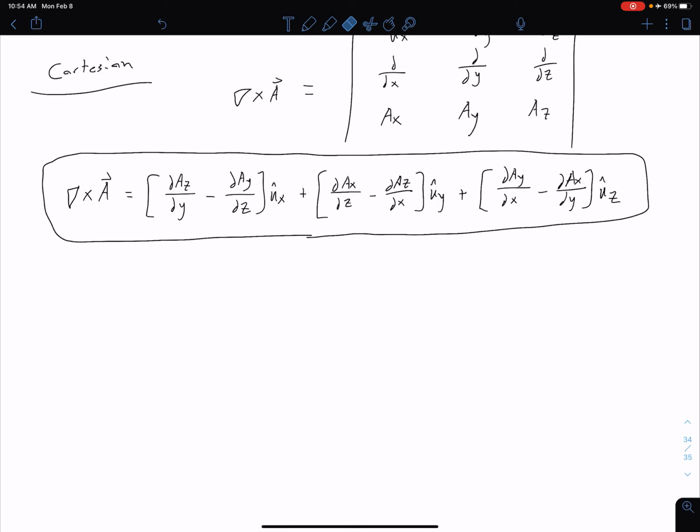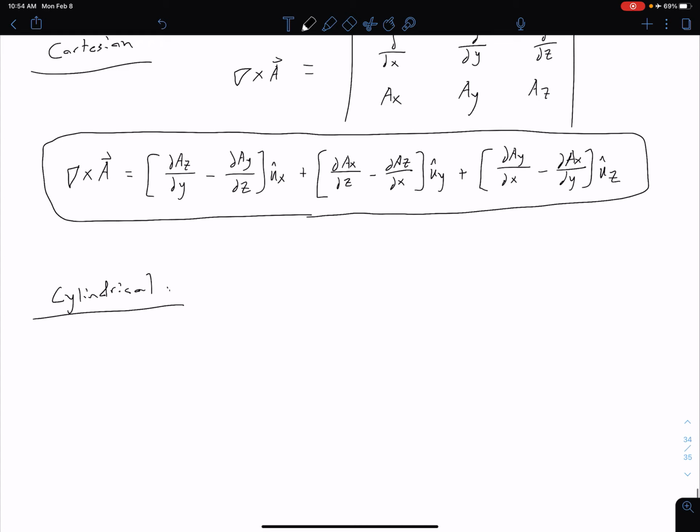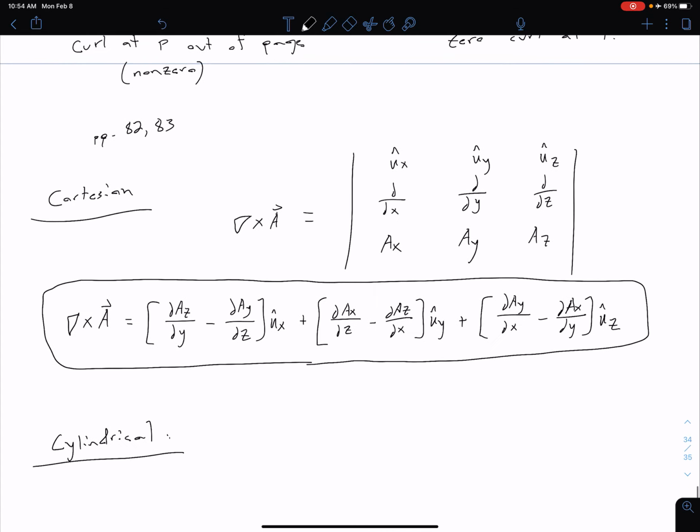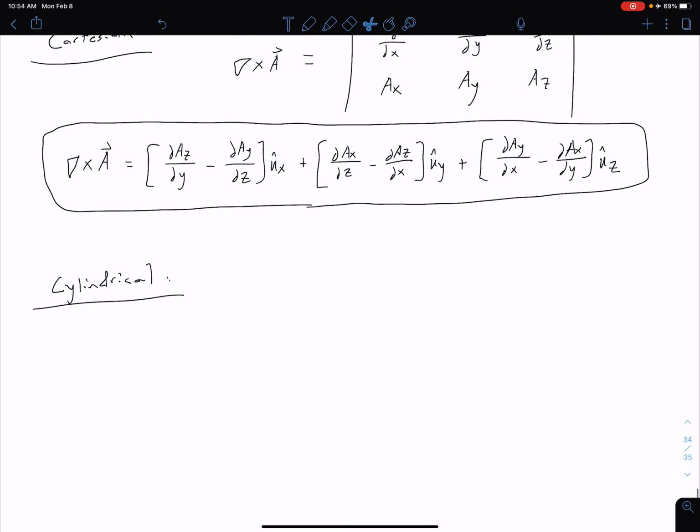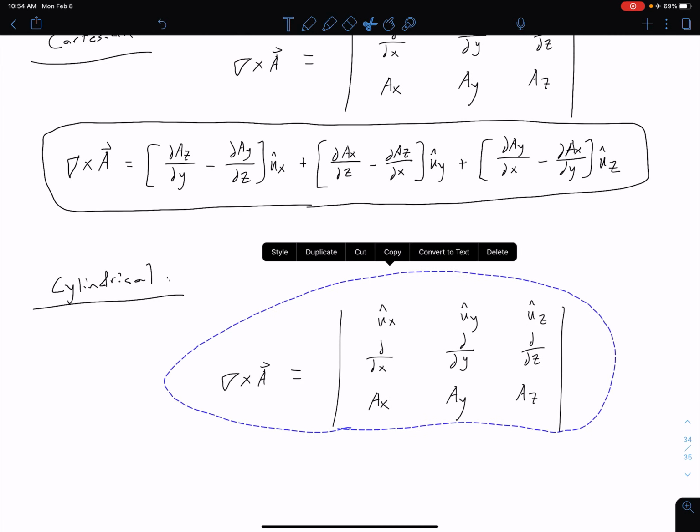Let's take a look now at our cylindrical coordinate system. As we've seen before, unfortunately things just continue to get more complicated as we get into these other coordinate systems. Let me copy this to save some time. We can use the same basic definition of our cross product, but now we're going to be changing some things slightly.